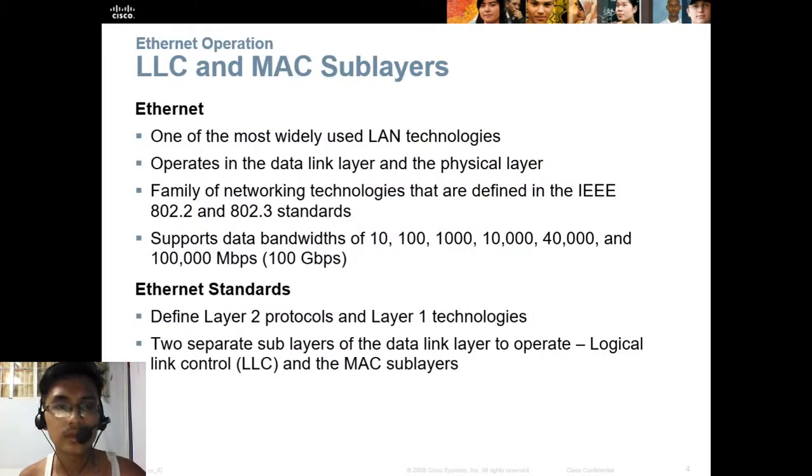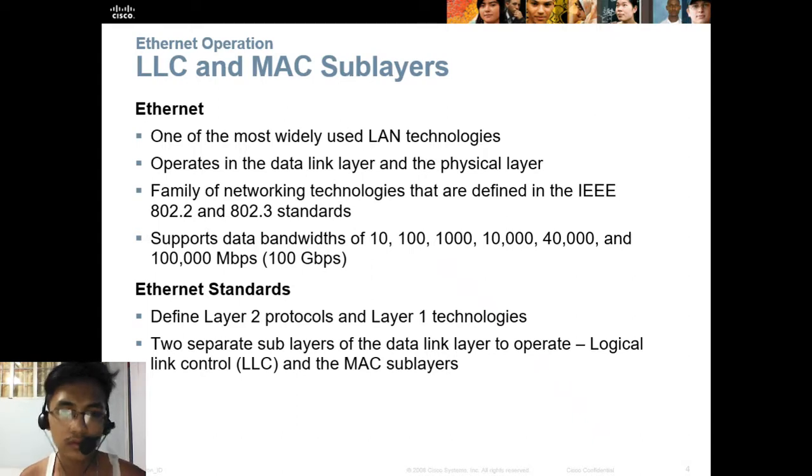LLC and MAC sublayers are the most widely used LAN technologies, operating in the data link layer and the physical layer. Ethernet is a family of networking technologies defined in the IEEE 802.2 and 802.3 standards, supporting data bandwidths of 10, 100, 1000, 10,000, 40,000, and 100,000 megabits or 100 gigabits per second.